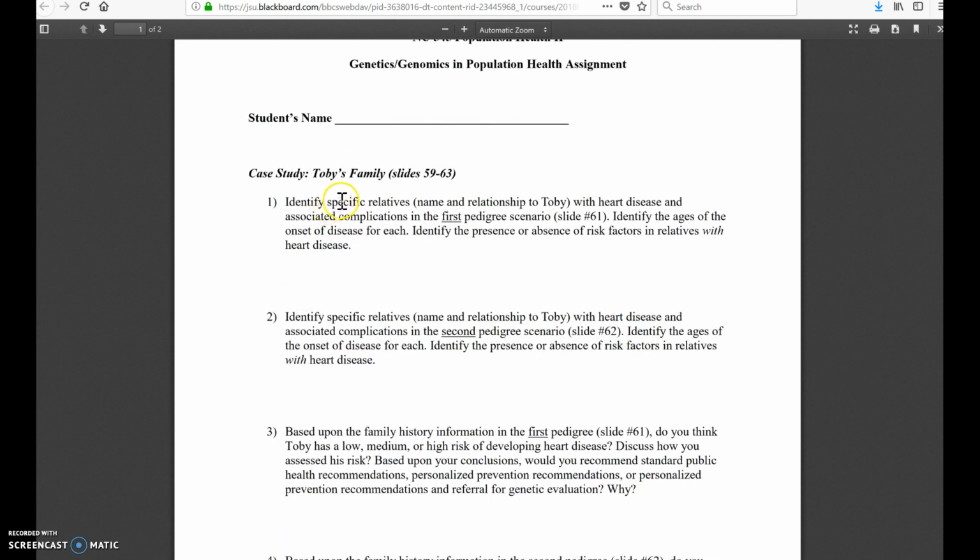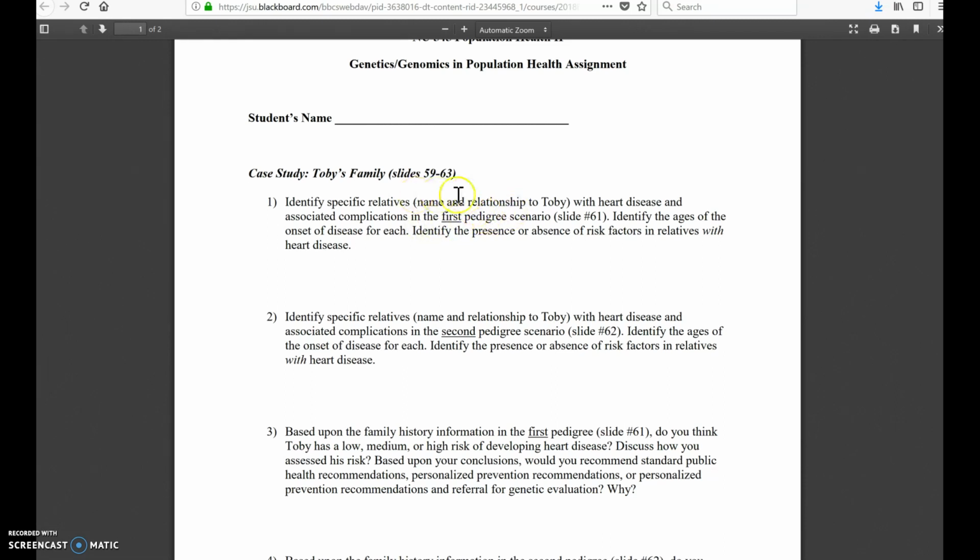You're talking about Toby's family, and those are going to be on slides 59 through 63. What you're going to do first is identify specific relatives. It says name and relationship, but I think on the slides it's something like the aunt, and so that is the name and relationship basically. I don't think they give you like Aunt Polly or whatever.